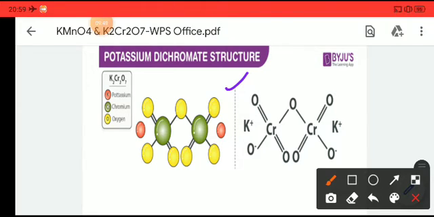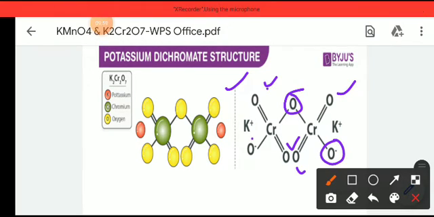Among these 4 oxygens, two have double bonds and the other two have single bonds with chromium. In both cases, the potassium K+ acts as a counter cation. So this is the structure of potassium dichromate.